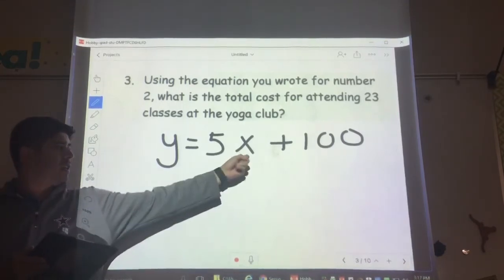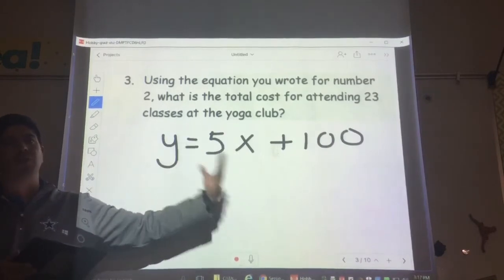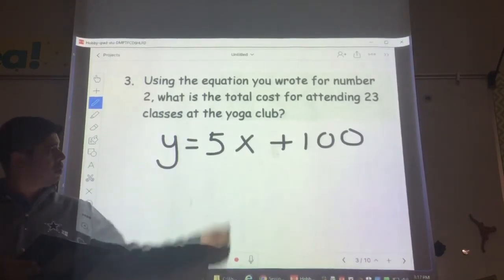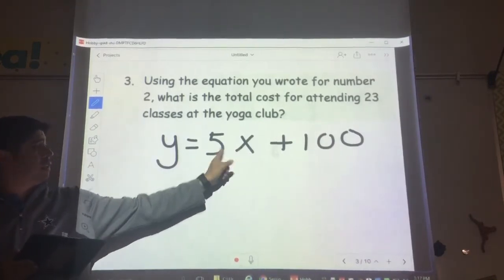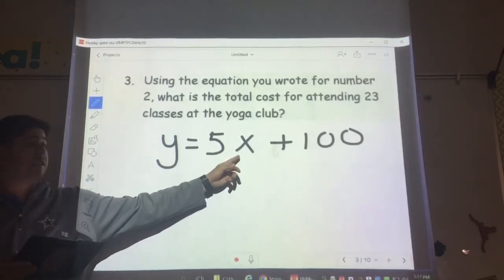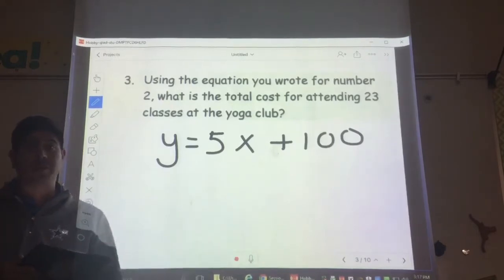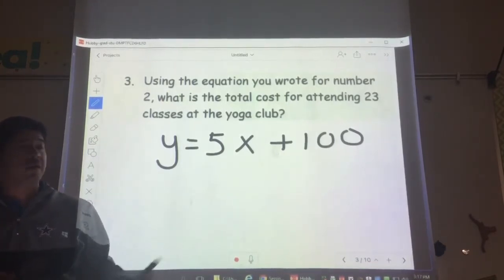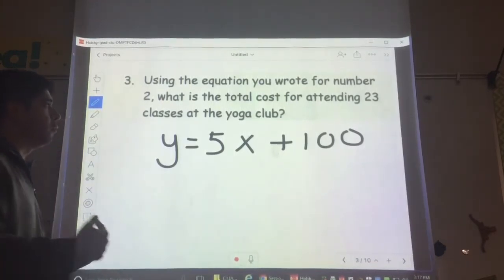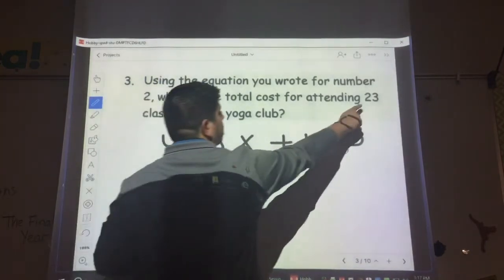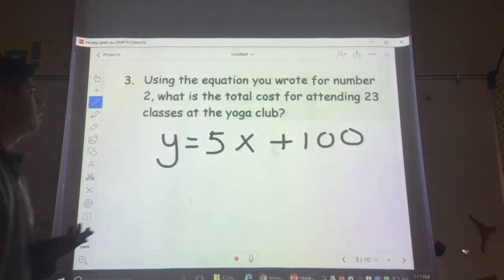So remember, the x is how many classes you attend. So we're going to multiply however many classes we attend times 5. If we did 1 class, 5 times 1 would be $5, and then plus 100, so the total would be 105. But what this question is asking for is the total cost for attending 23 classes.